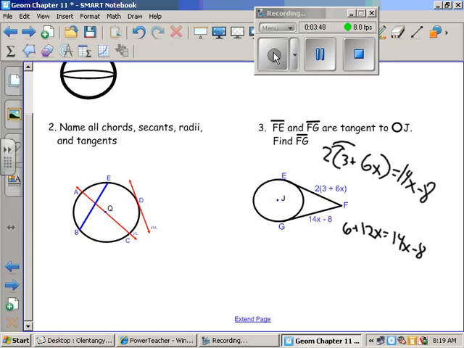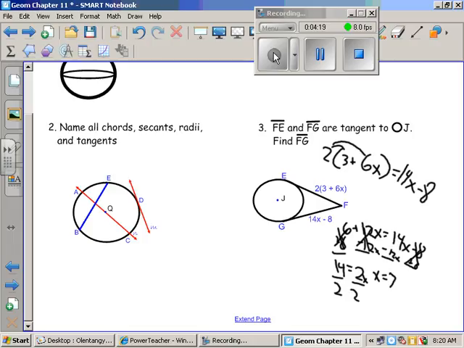That's the distribution thing right there. And then I added 8 to both sides. Then subtract the 12x from both sides. So 14 equals 2x, then divide both sides by 2, and x equals 7.